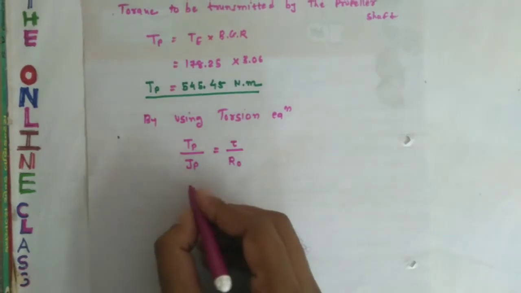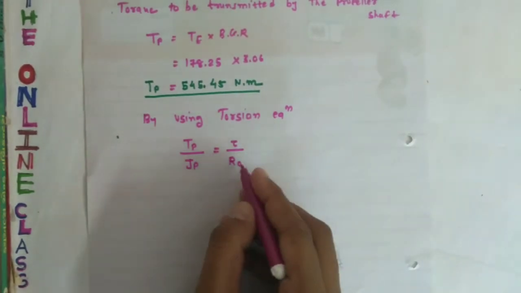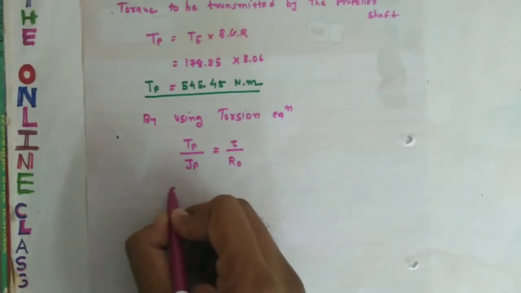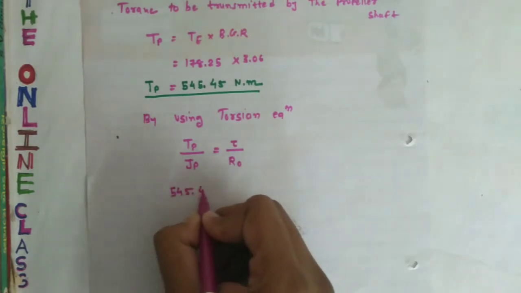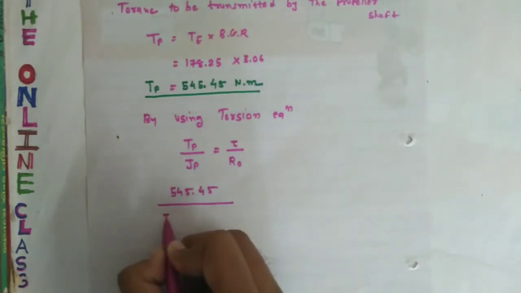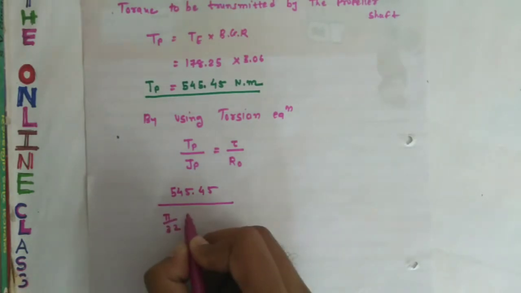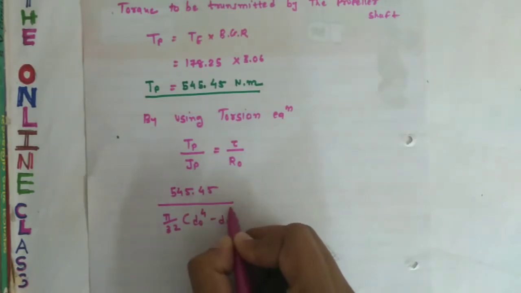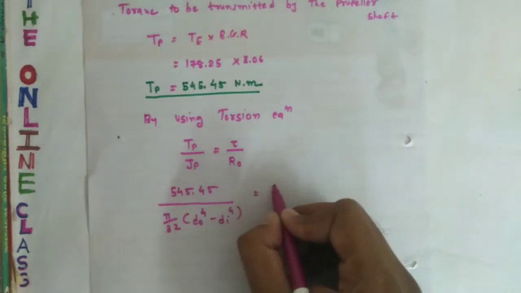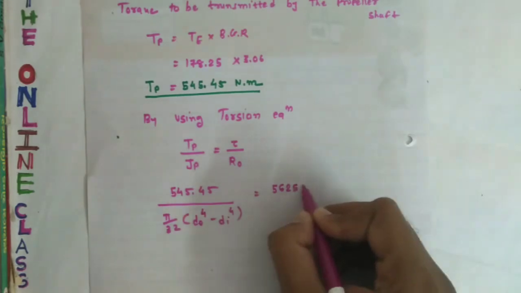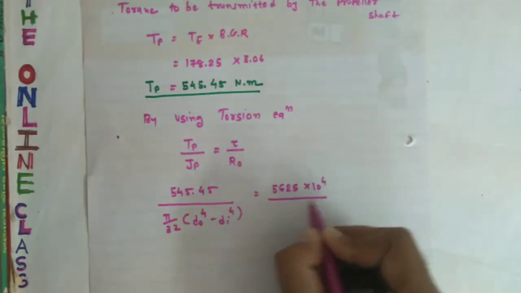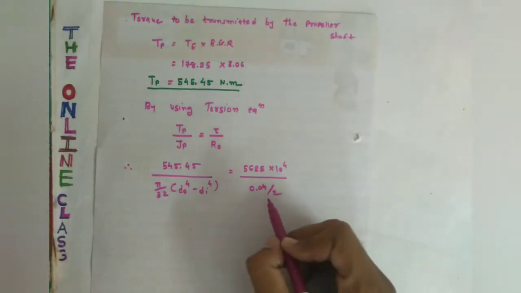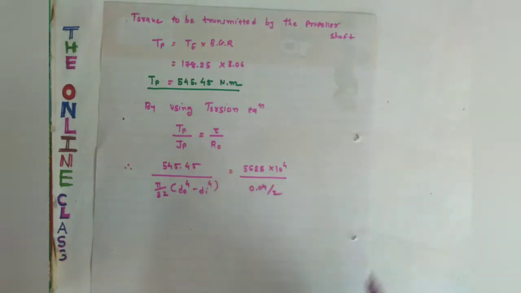Put the values of TP, JP, tau and RO. 545.45 divided by pi by 32 into DO raised to 4 minus DI raised to 4 is equal to 5625 into 10 raised to 4 divided by RO. The RO value is DO divided by 2, so 0.04 divided by 2.